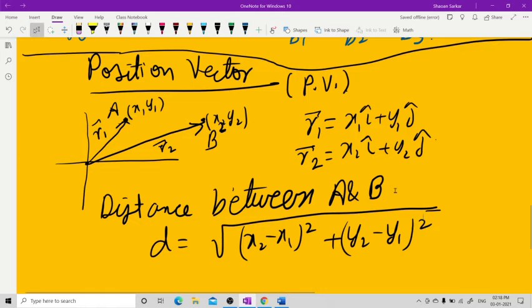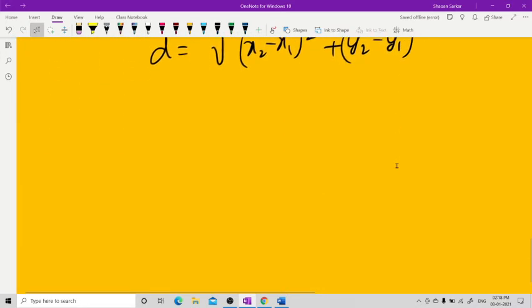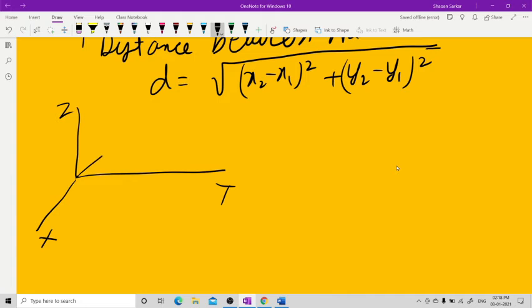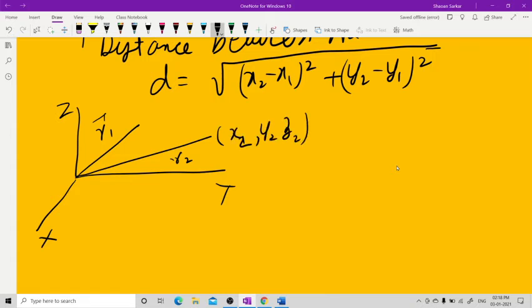Now let us understand this very thing in 3 dimension. Now this is your x, y and z, and these are your position vectors R1 and R2. This one is now x2, y2, z2, and this is x1, y1, z1.